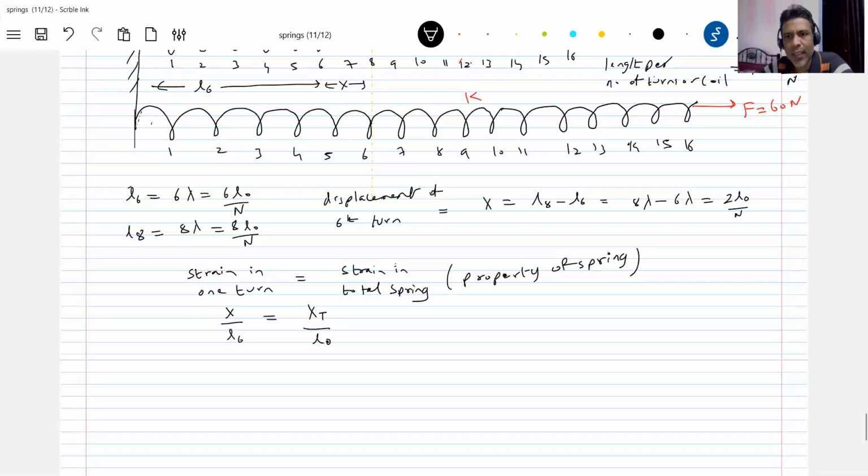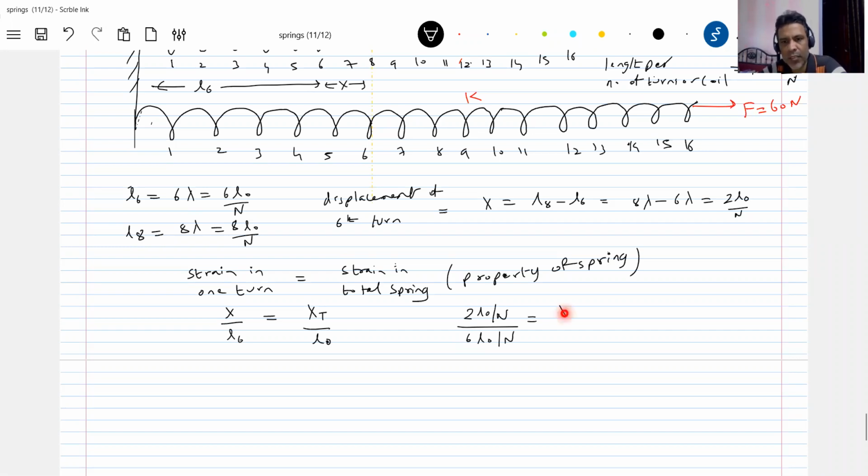Anybody, what is x? We know x is 2 L naught by n. What is L6? 6 L naught by n. Equal to, so this should be xt.